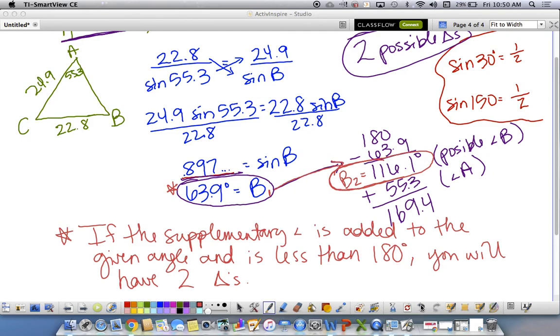I'm going to go to another page. I'm going to keep these numbers with me, okay? I know it's a lot. Just bear with me. I'm going to write the given back up here again. Angle A was 55.3 degrees. Side A was 22.8 feet. Side B was 24.9 feet.